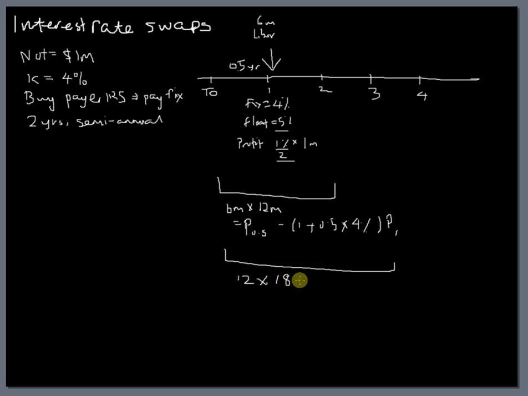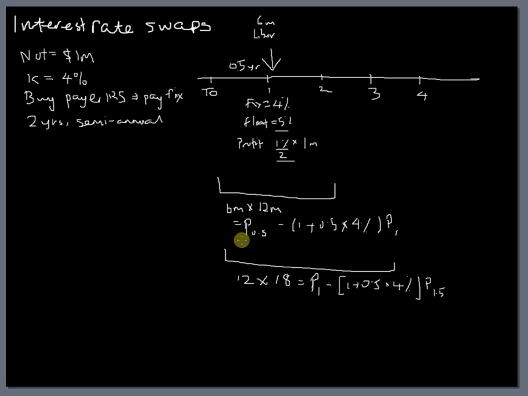Using the zero coupon way of calculating FRA, it will be the same as P(1 year) minus 1 plus 0.5 multiplied by 4%, times P(1.5 years).